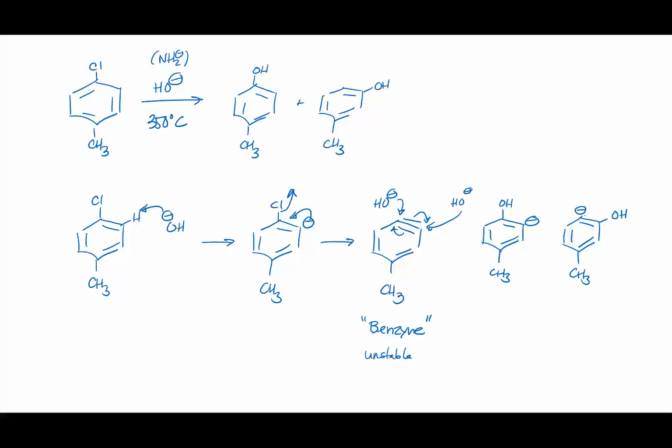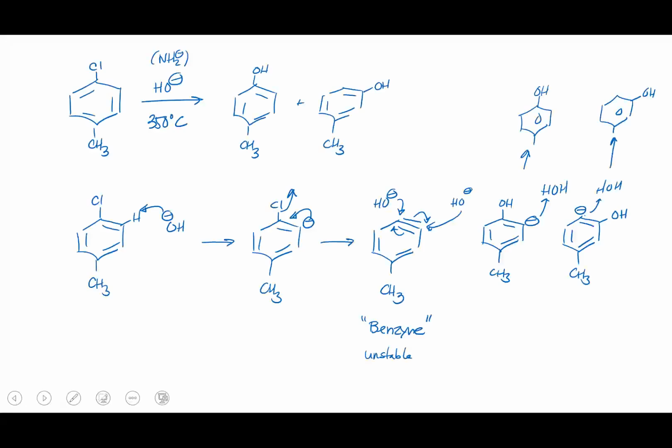So then in the final step, because there's water lying around, the C minus then deprotonates the water to form the meta-substituted product, and it would deprotonate the water to form the para-substituted product.